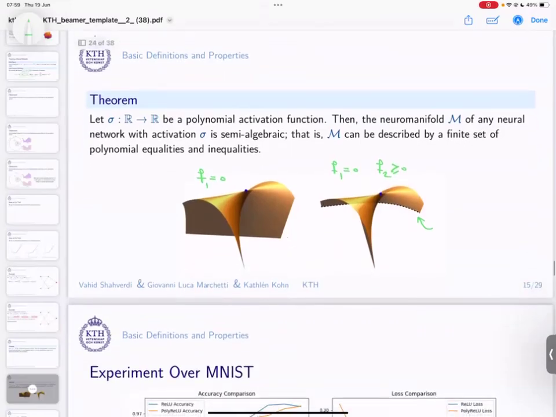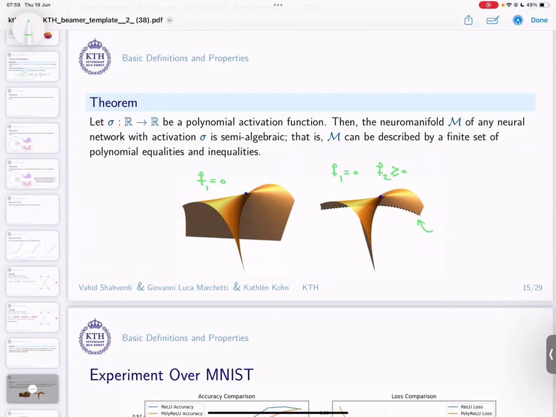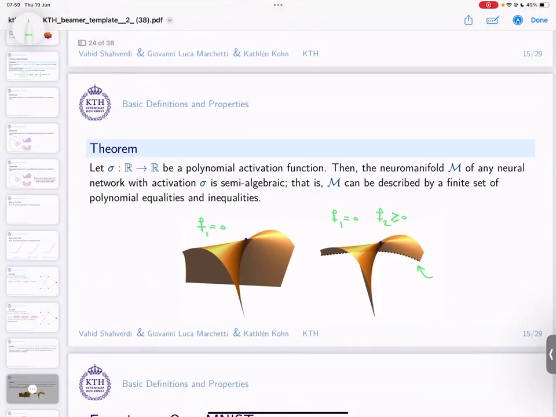Sorry, is there an easy way to understand where the inequalities come from? It relates to the cylindrical decomposition, the way that we construct it. But I can tell you in one example, for instance, if you send x to x to the power of 2, so you have a map from R to R, you don't see all the points in the real numbers, but you see the half line.